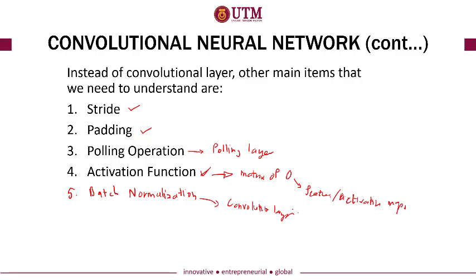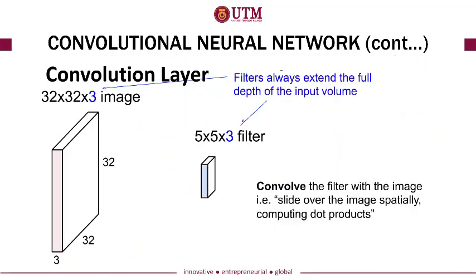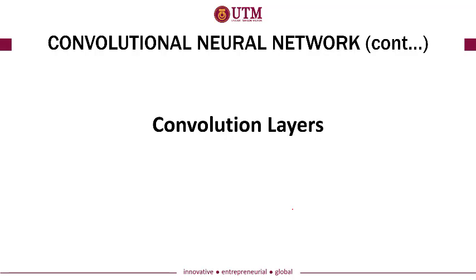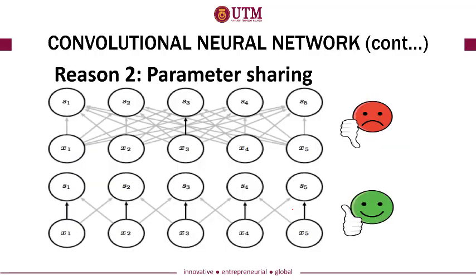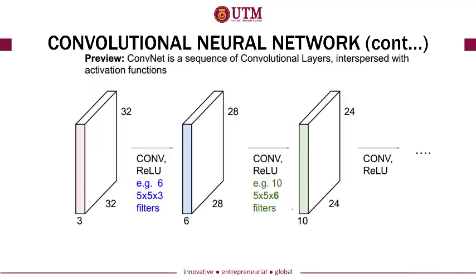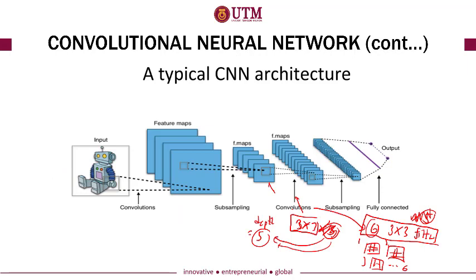Okay, let's go back to the example of CNN. We go back to the slide that consists of the example of CNN, so we will understand a little better what I'm talking about here. Oh yeah, this one. This is the example of CNN architectures.